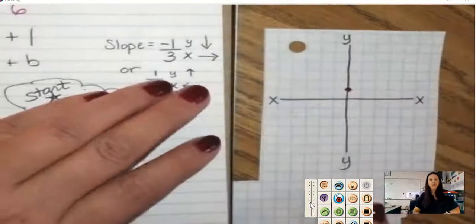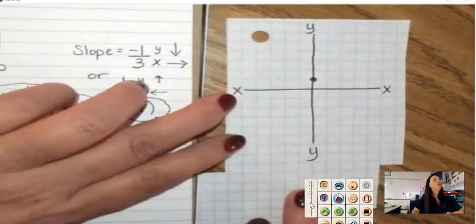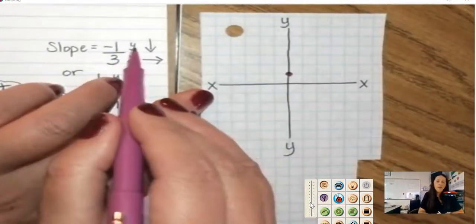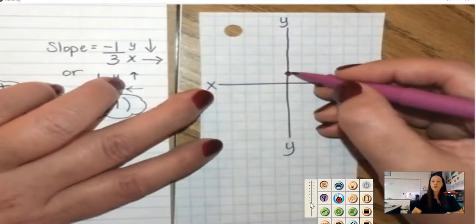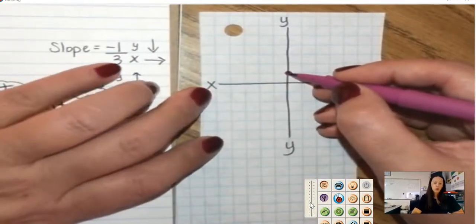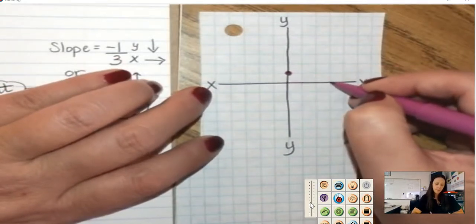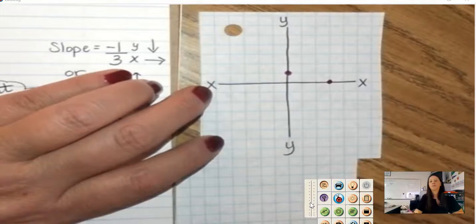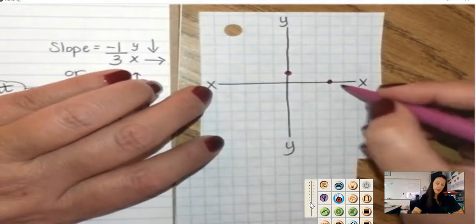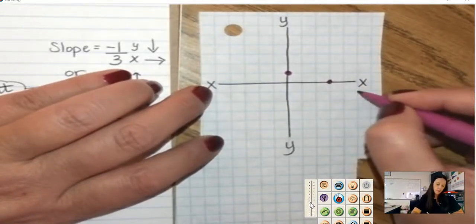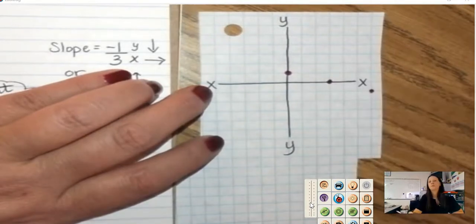Okay, I'm going to do both of these slopes. I'm going to first start with this top slope where I did negative 1 over positive 3. So on the y, I'm going to go negative 1. So start at your y-intercept, go down 1, and then go positive 3. Put a new dot there. I can do that again. Go down 1, positive 3 over.